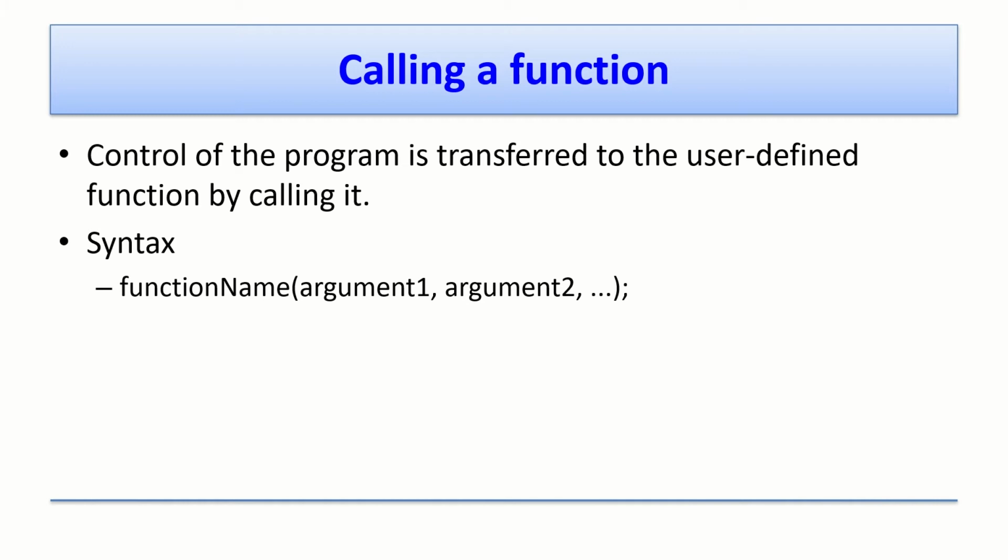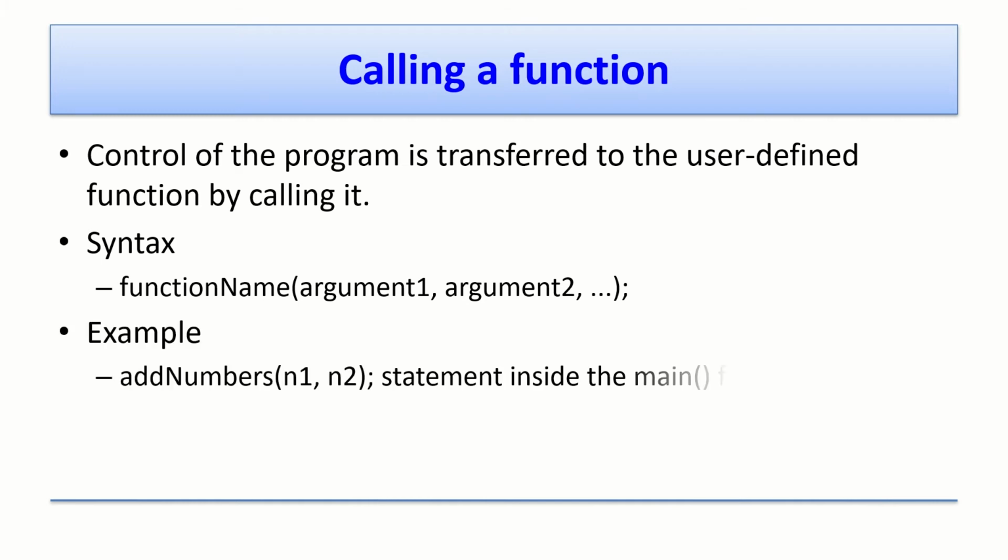Let's assume the first parameter is integer and the next one is double. If so, we have to pass the values in that particular order. I'll demonstrate in examples. In our example, we can call the addNumbers function like this: addNumbers(n1, n2).